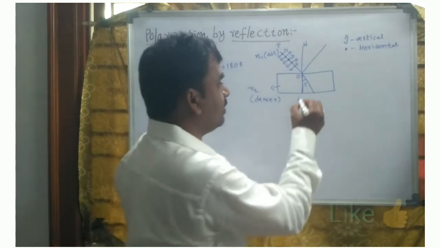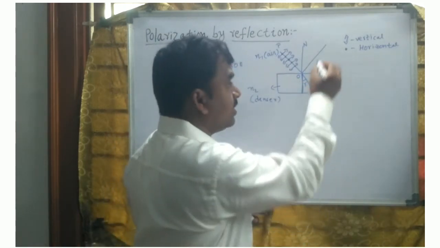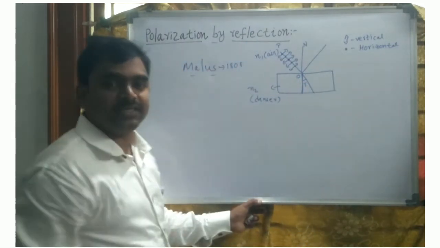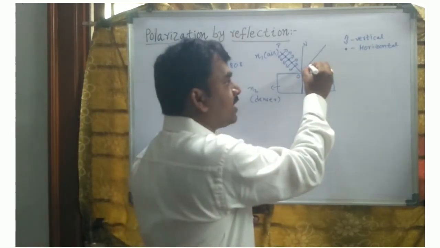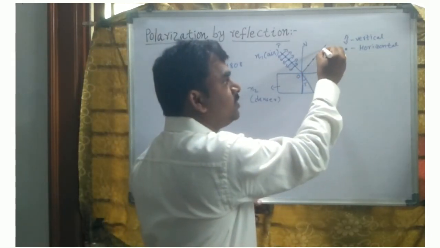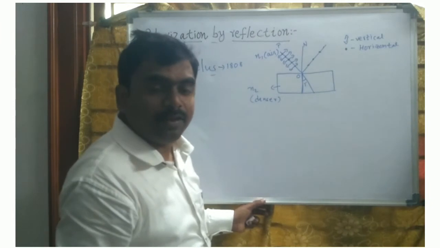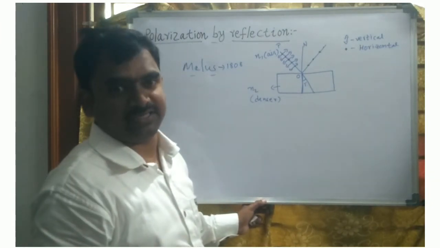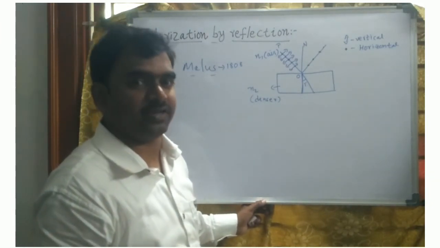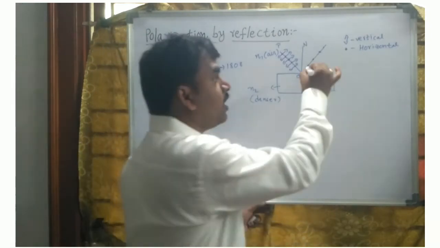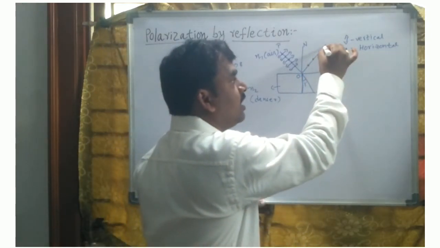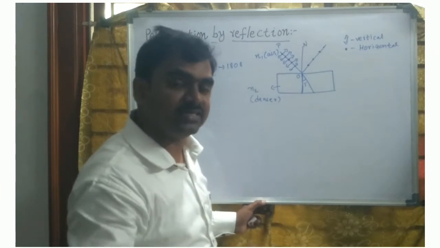This is the refracted ray. What Malus observed is that in the reflected beam there is partially plane polarized light. That means there are more vibrations of one type and fewer vibrations of the other type.